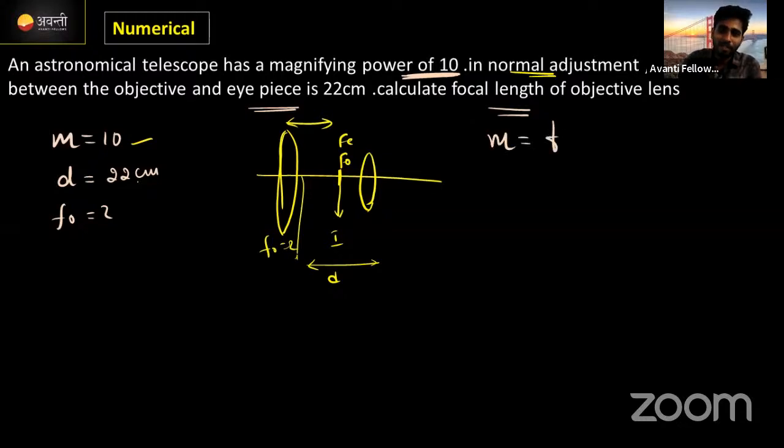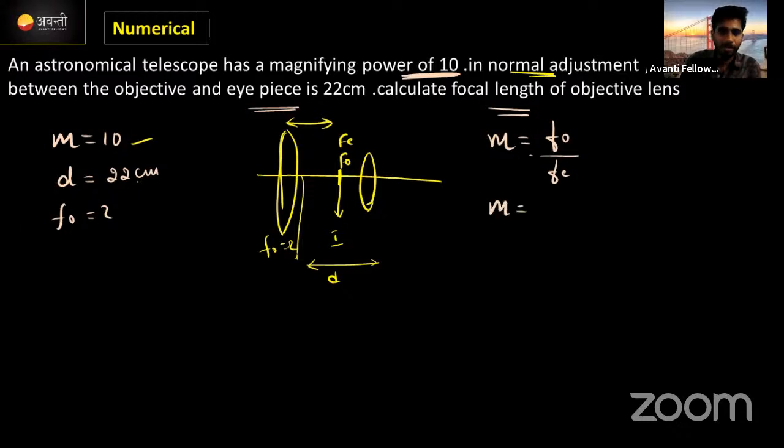Okay, we need to calculate the focal length of the objective lens. The magnification is given. What is the formula here? Magnification is equal to the focal length of the objective divided by the focal length of the eye lens. You know this, correct? Now substitute the values.